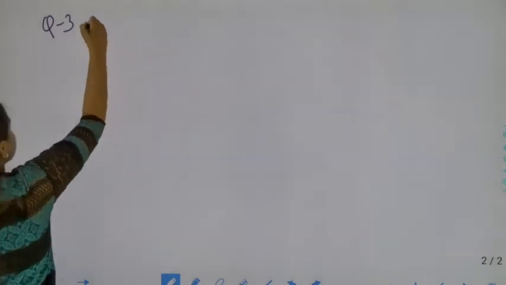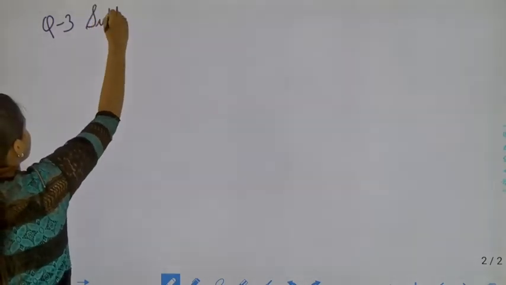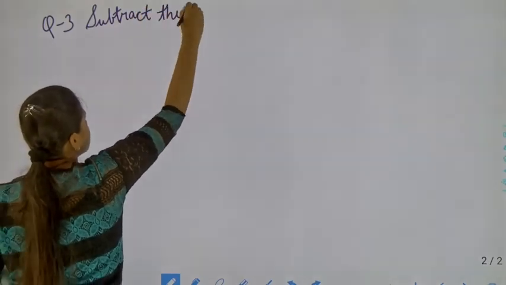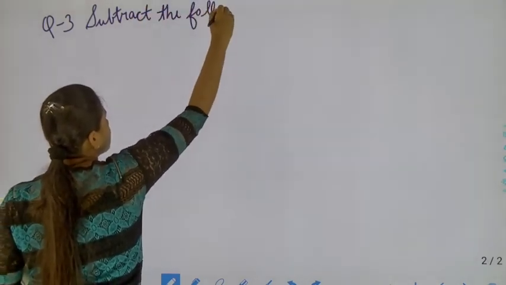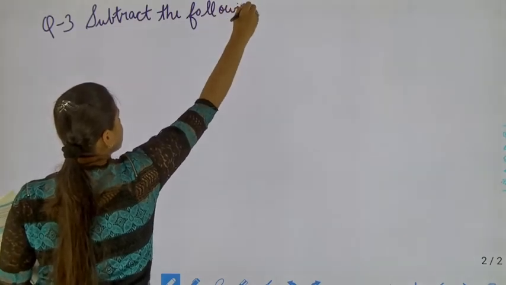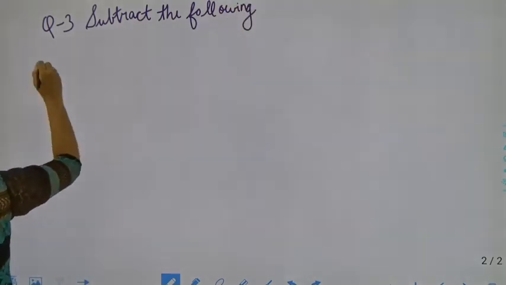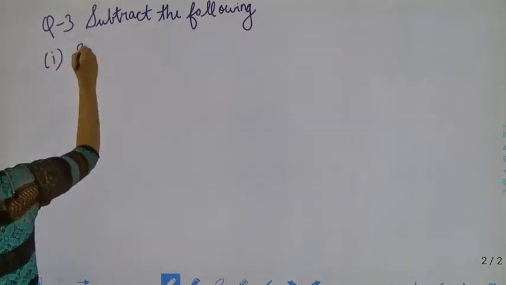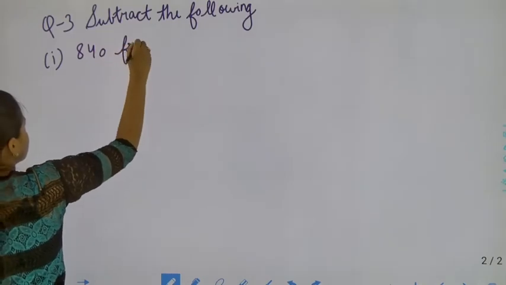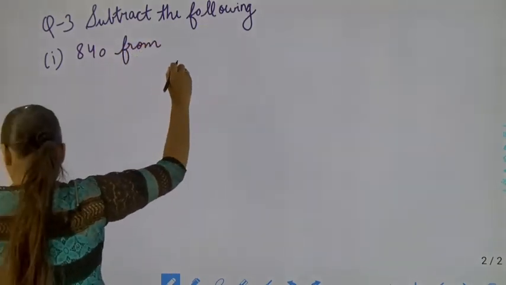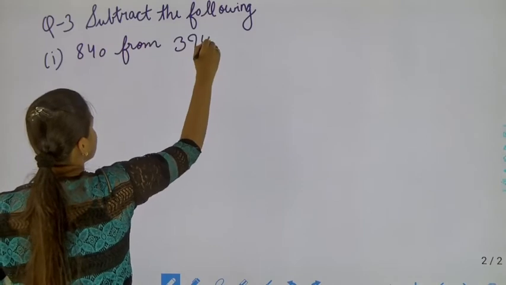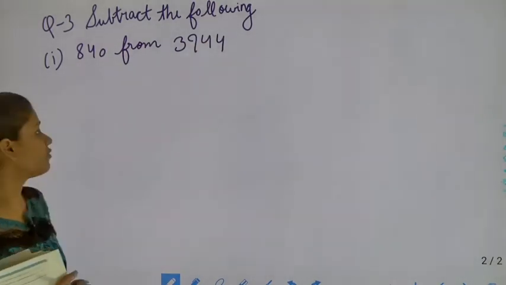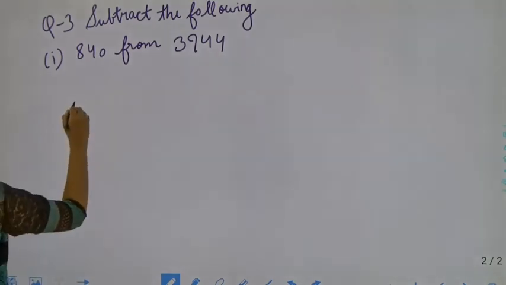Subtract the following. We have to do subtraction from 3,944 minus 840.